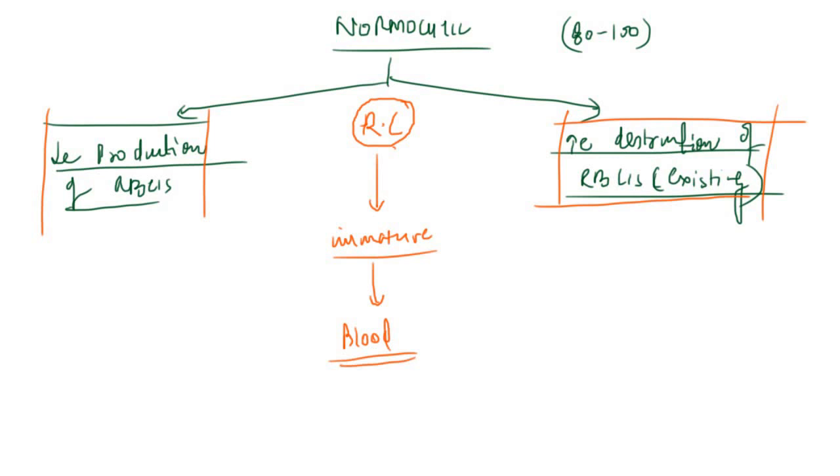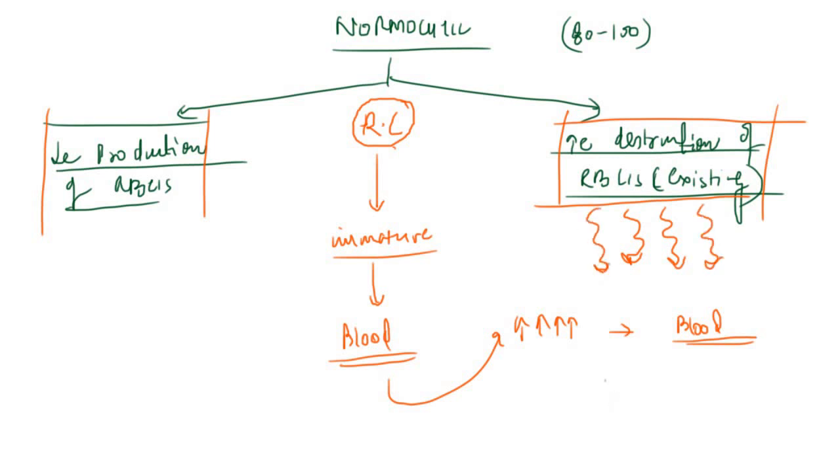If the bone marrow is functioning properly and you get an increased destruction of RBCs in the peripheral blood, the bone marrow will try to compensate for that destruction, and it will increase the reticulocytes that are being thrown into the blood. Does it make sense, right? So as a result, in these kinds of anemias where there is increased destruction of the RBCs, the reticulocyte count will be increased, and actually it will be more than 3%.